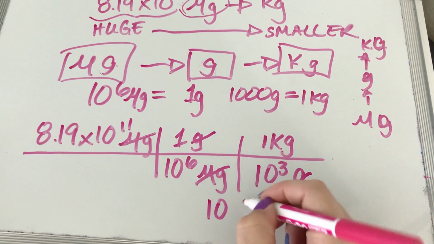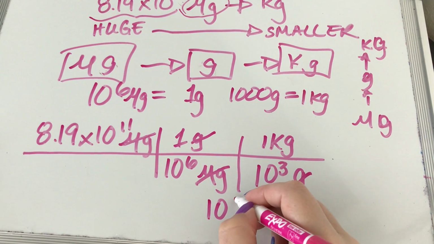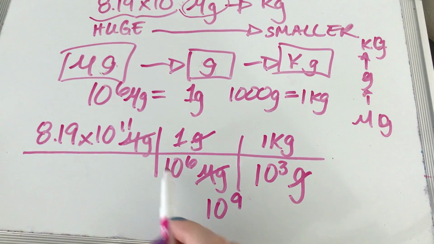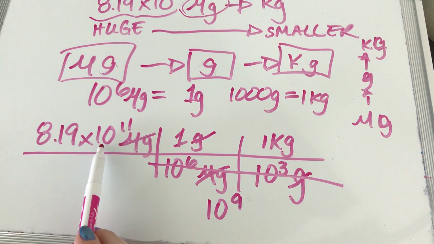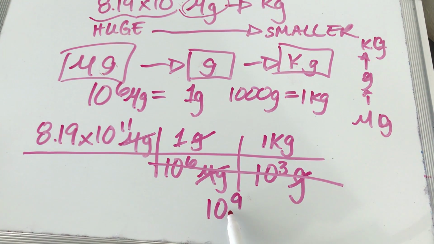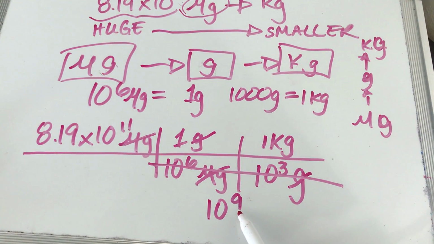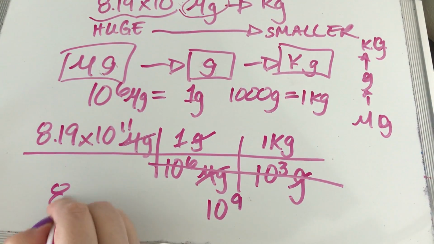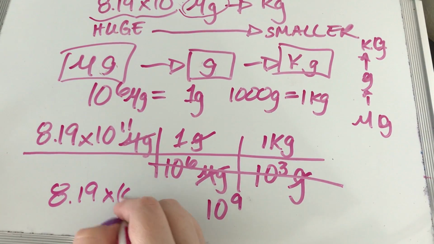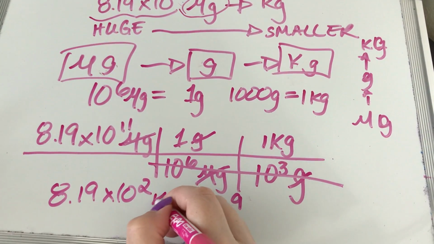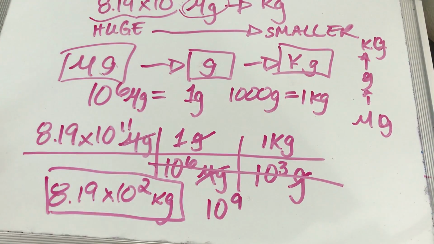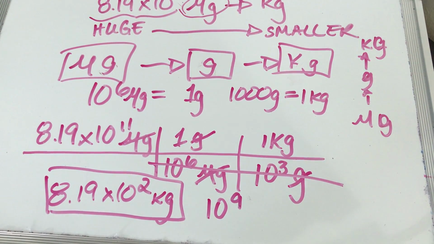So here we can add the 6 and the 3 to get 10 to the 9th. So now we have 10 to the 11th divided by 10 to the 9th. How do we combine those? Subtracting. Subtracting, exactly. So we would have 11 minus 9, which would give us 8.19 times 10 to the 2 kilograms. Does that make sense, guys?